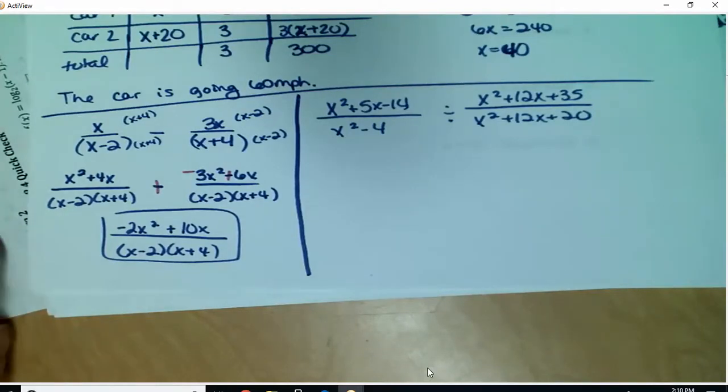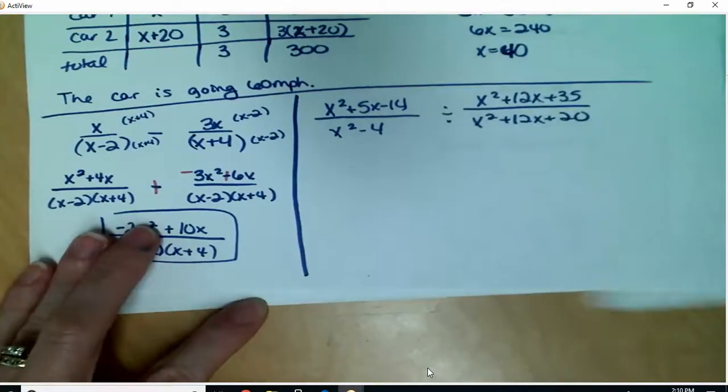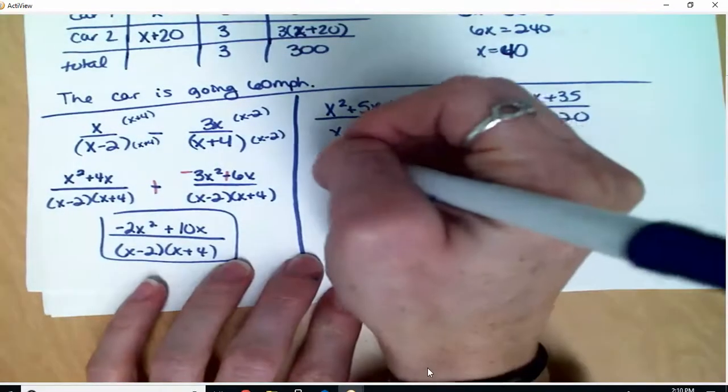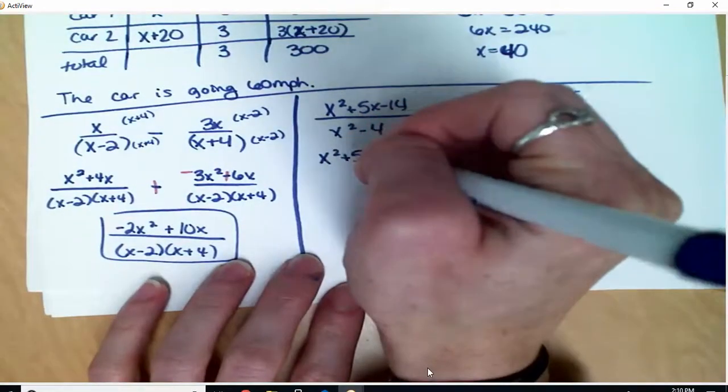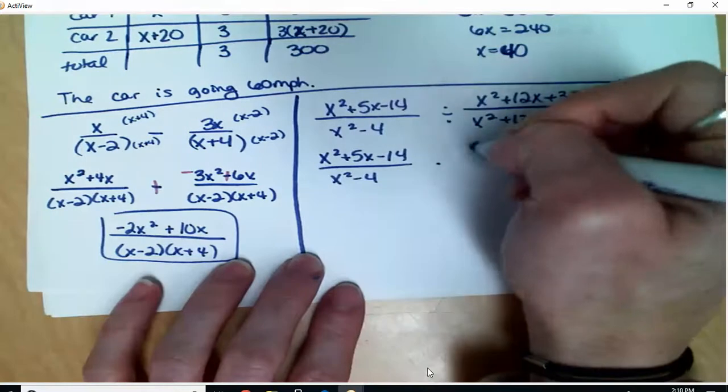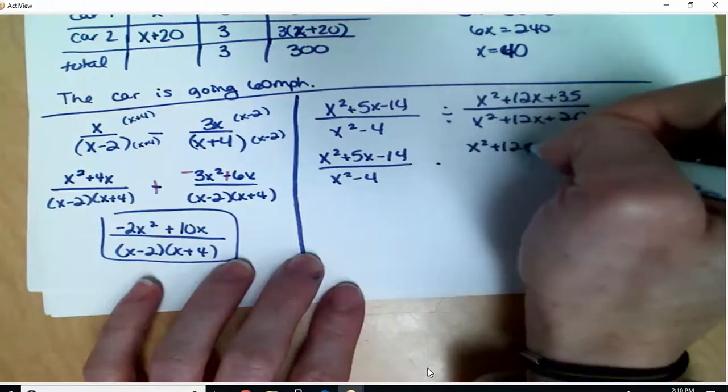No. What is the rule for dividing fractions? What do we have to do? Multiply and flip the second. Good. So the first one stays the same. Change this to times and flip the second.